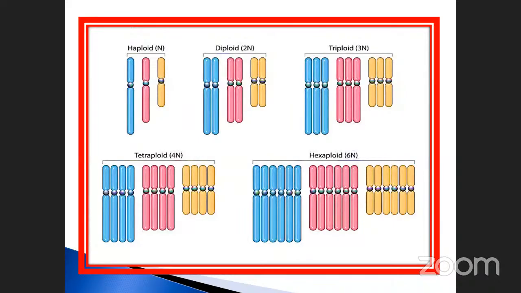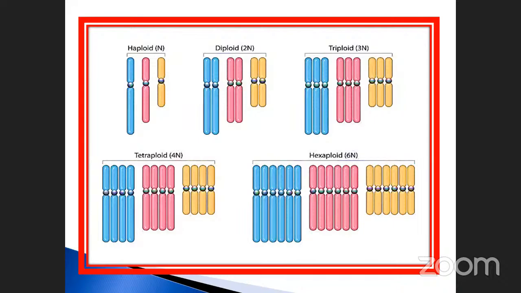That condition is called polyploidy. Triploid means 3 chromosome sets are present, tetraploid 4, and hexaploid 6. Likewise, we can classify it according to the number of chromosomes, which can be mentioned in the form of N.